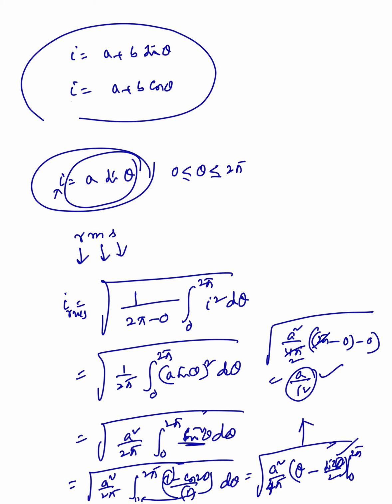Okay, like that you can find it for I equal to a cos theta. Now, if I equal to a plus b sin theta, what is the RMS value?